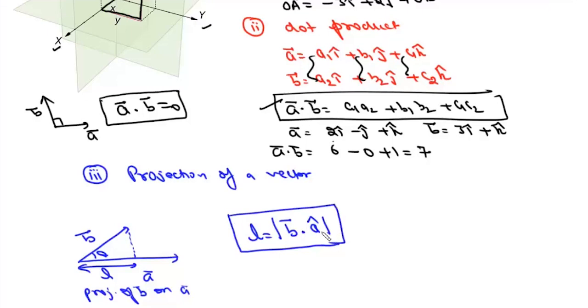So we'll be given two vectors where we'll need to find the projection of one vector on another, and there we'll use this projection formula.